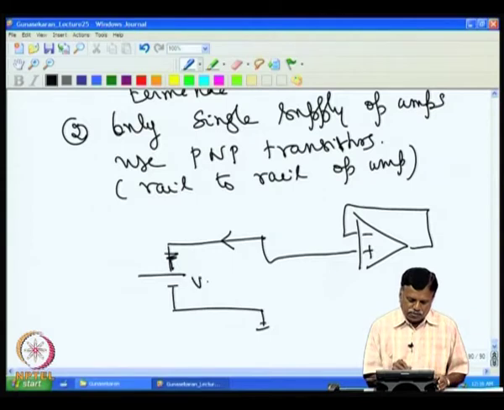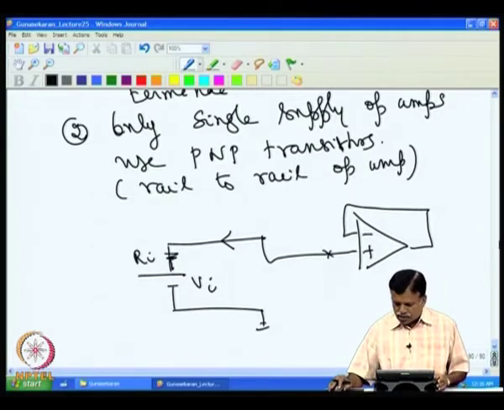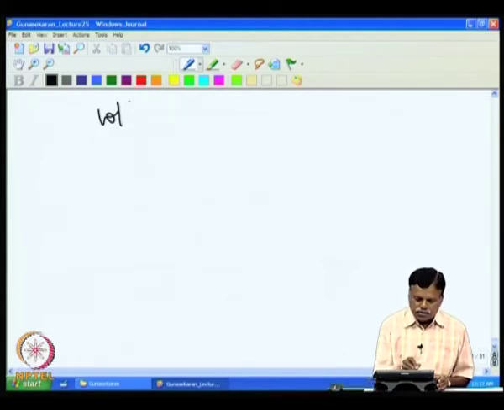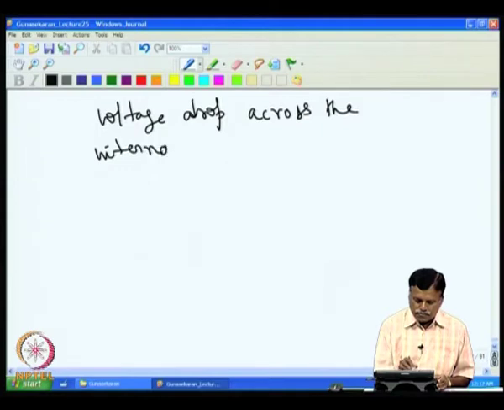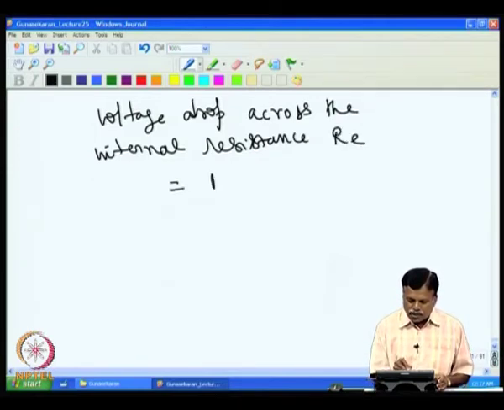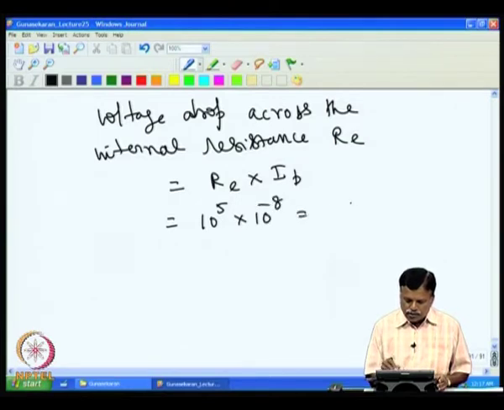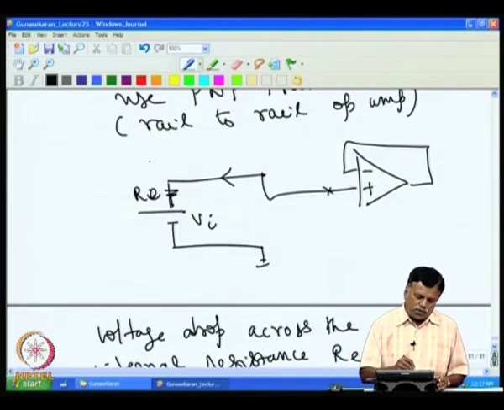So, you will have a voltage drop across the internal resistance R E, equal to R E into I B. For example, if I take R E as 100 K, then it is 10 power 5 into 10 nano, that will be 10 power minus 3 volt, that is equal to 1 millivolt. So, you will have 1 millivolt drop across this.